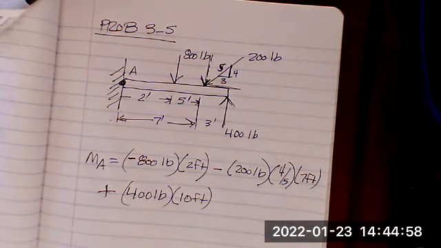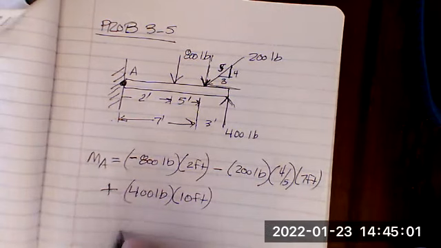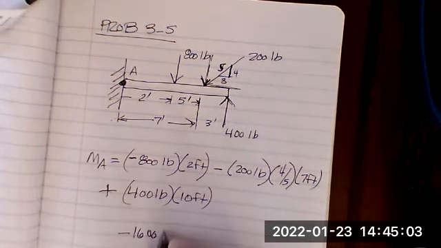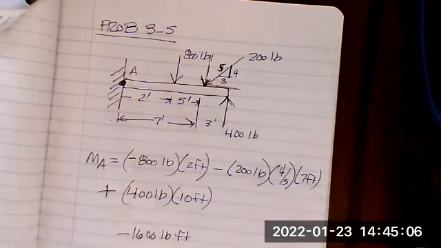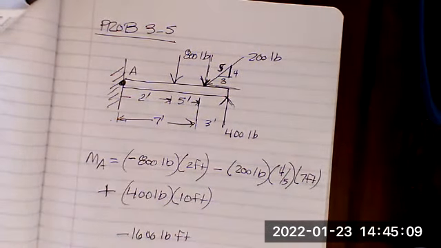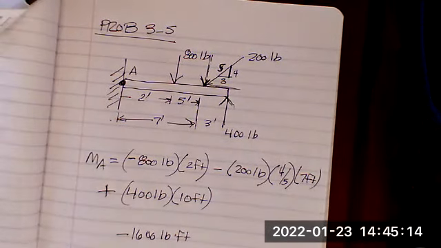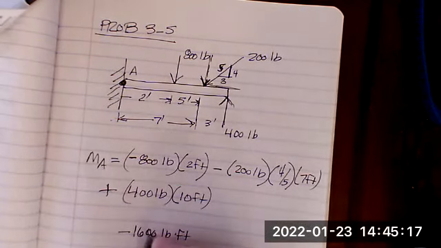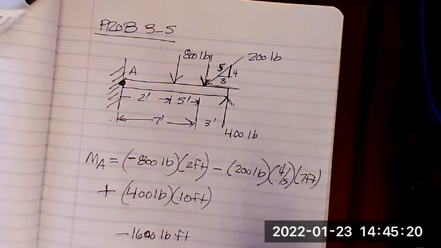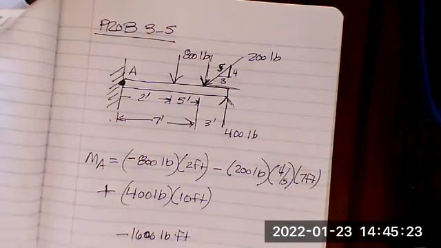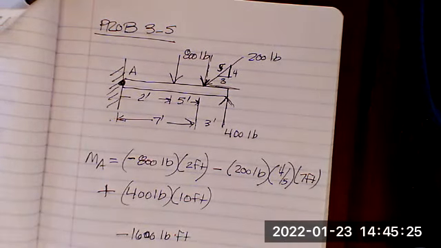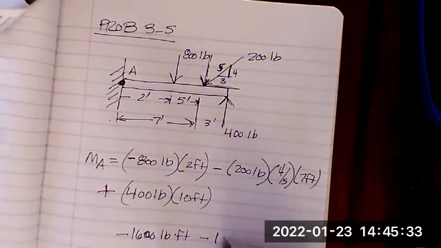So 800 times 2, that's a negative 1,600 pound feet, right? Then you're going to have 200 times 4 divided by 5 times 7, and that's going to be minus 1,120 pound foot.